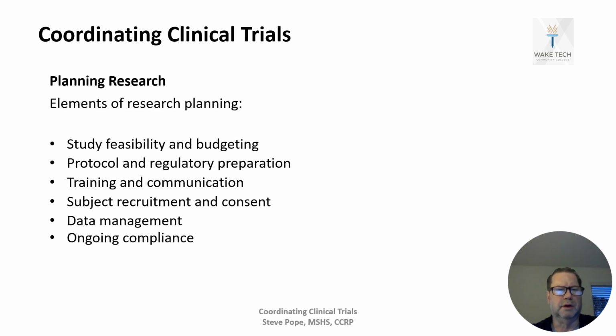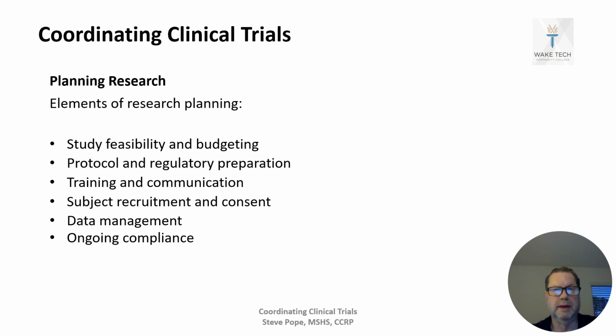Let's take a look at the elements of research planning. First, we've got study feasibility and budgeting. You want to make sure that you allow enough dollars in the startup phase to complete these tasks. Secondly, you've got protocol and regulatory preparation, training and communication.